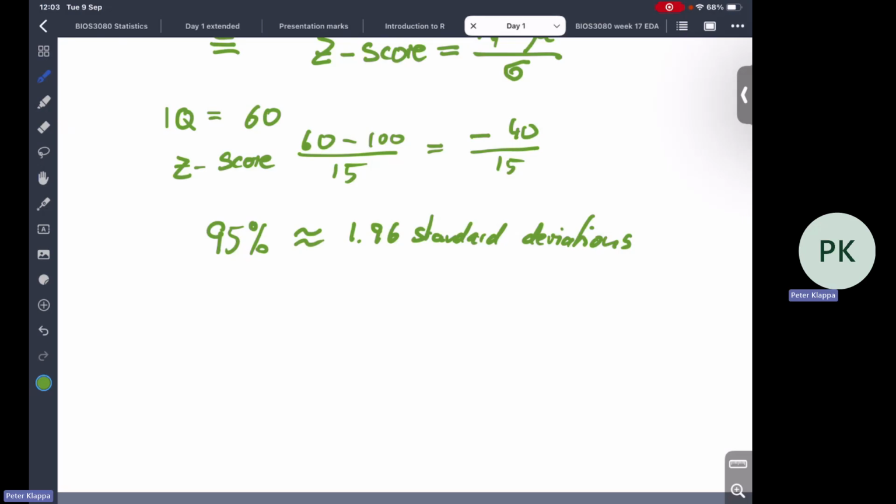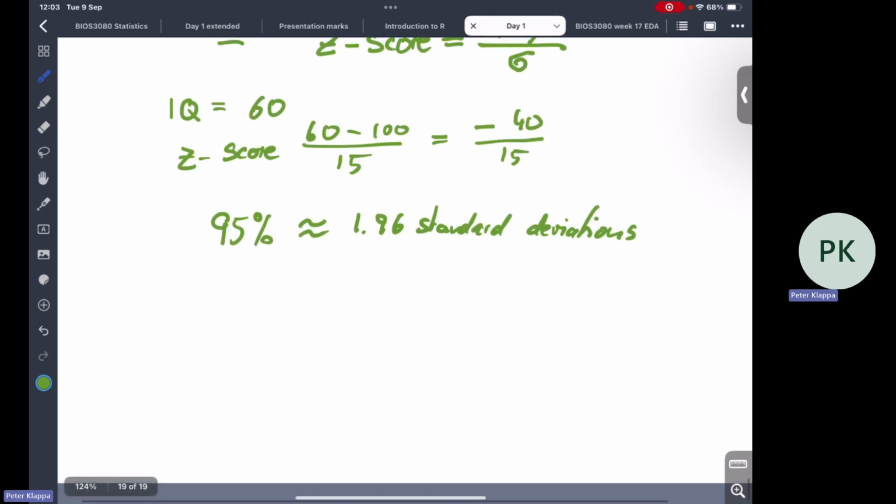Right. Now, what we can do now for our confidence interval is we can say confidence level 95%.